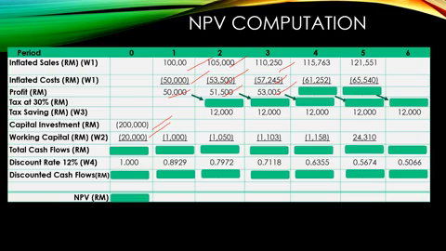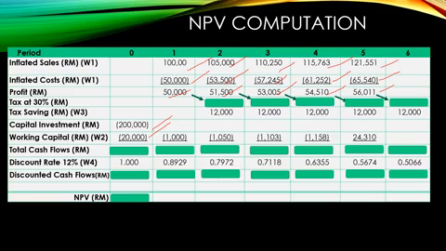As for period 4, the inflated sales is 115,763 ringgit and the inflated cost will be 61,252 ringgit. The profit will be 54,510 ringgit. For year 5, inflated sales is 121,551 ringgit and the inflated cost will be 65,540. The profit will be 56,011 ringgit.